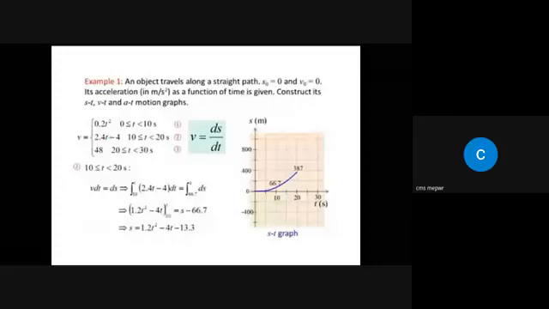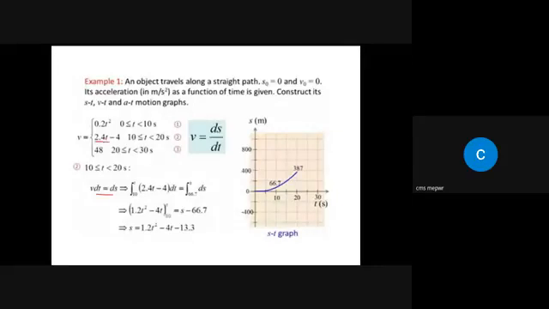For this we put this one instead of velocity. The limit will be 10 to t and displacement will be 66.7 to s. When you integrate it, you will get this equation.